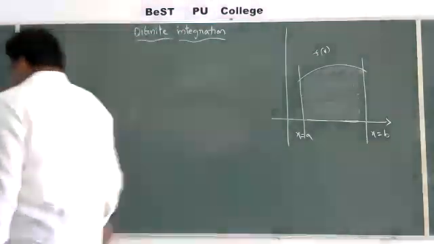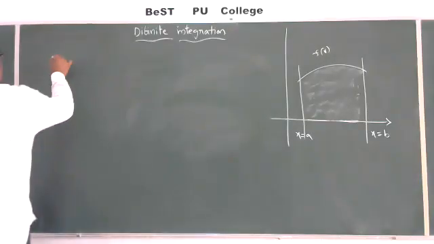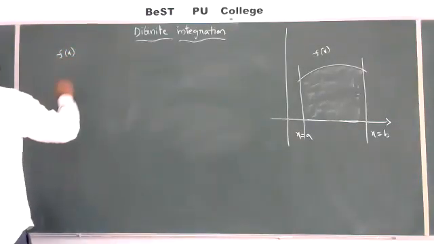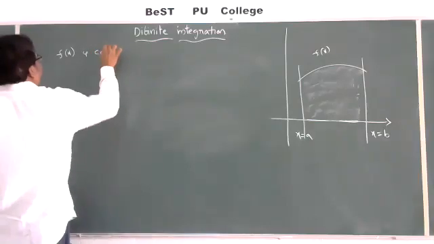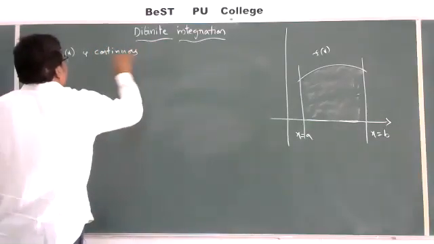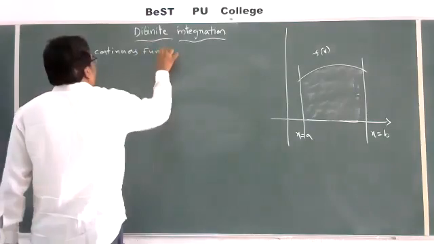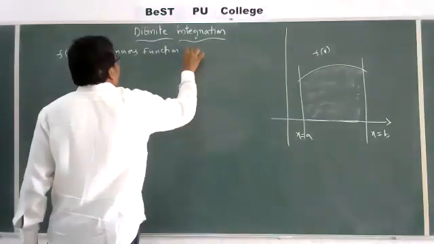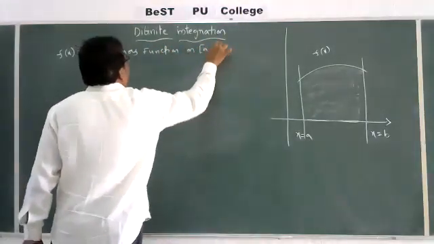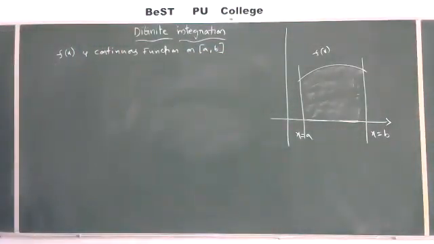f of x is a continuous function on the closed interval a comma b.